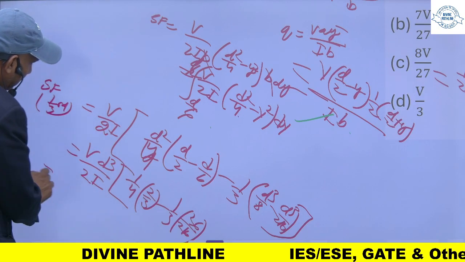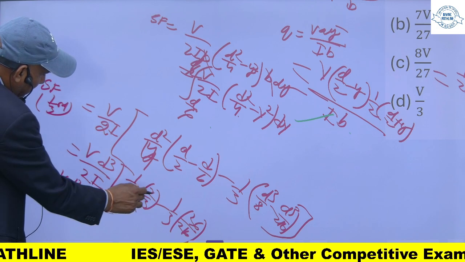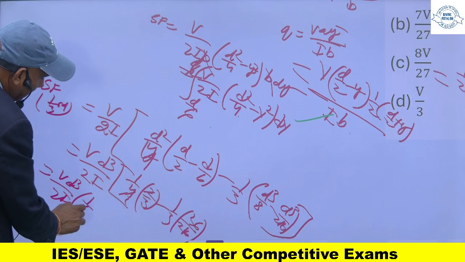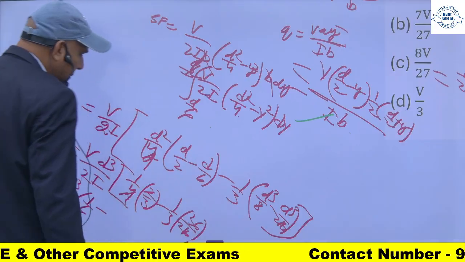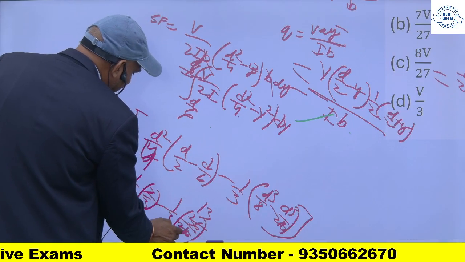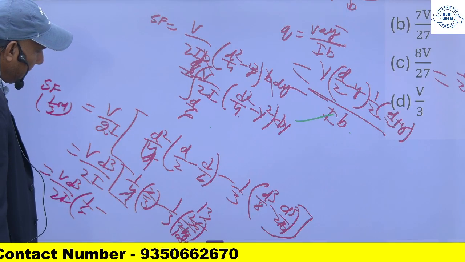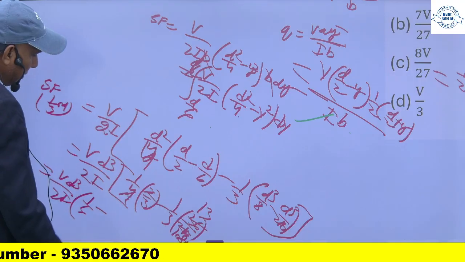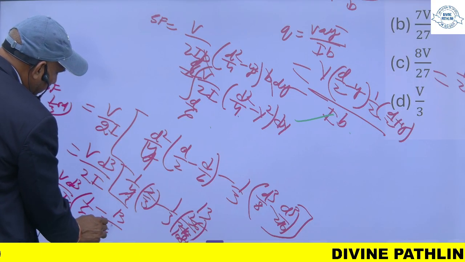And this will be V D cube upon 2I into 1 by 6 minus this one, and this will be 13 upon 108. So this will be 13 upon 324.